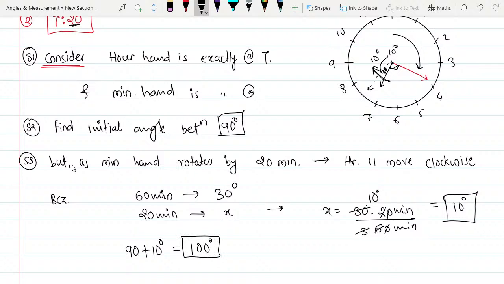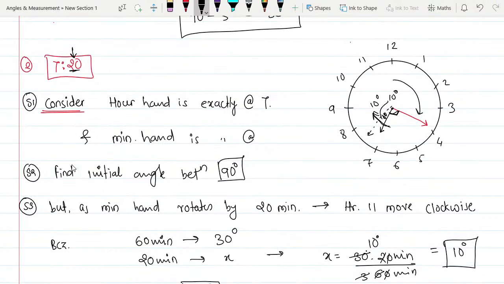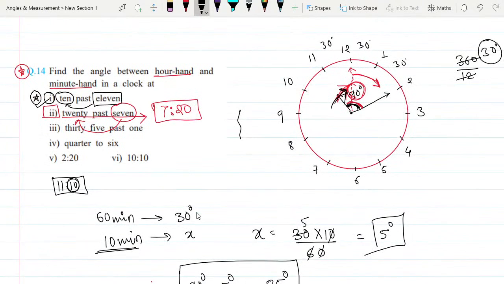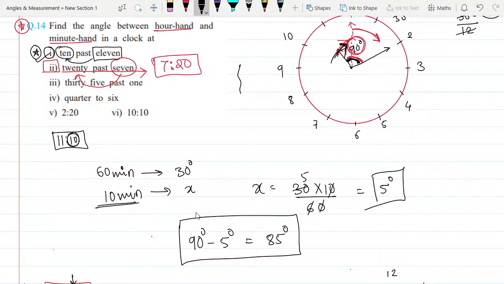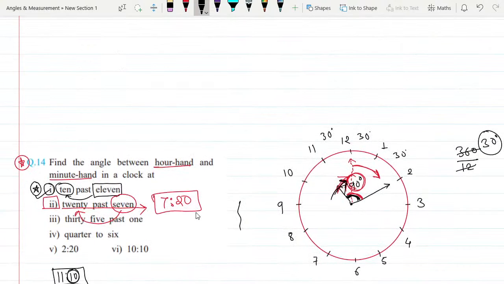If you observe very carefully, in this question we have added the x value, and in the previous question we have subtracted the x value. Why so? देखो भाई यहाँ पे it's very important to understand.